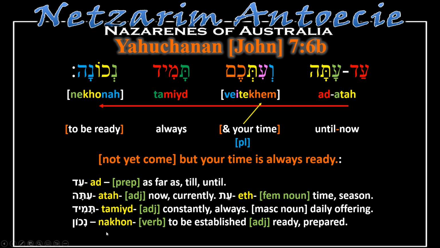If we look at ad, it means as far as, till, or until, and ata as an adjective means now or currently, and it has its root in et, which we had before meant time or season, but that one's a feminine noun. This is an adjective.